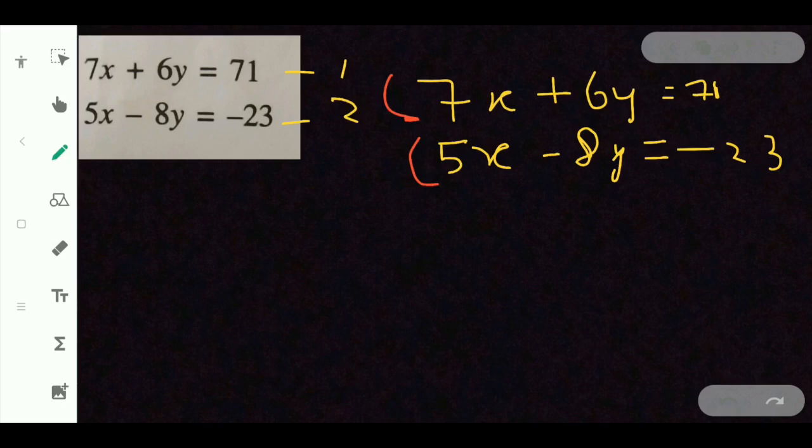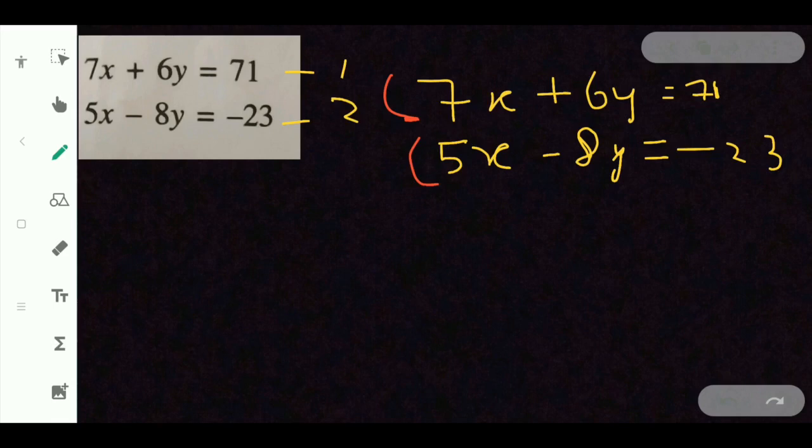So 7x plus 6y is equal to 71. So I will be making the x terms equal. 7x I will multiply with 5 and 5x I will multiply with 7 so that they both become the same, but we have to multiply the whole equation, so we are doing that.